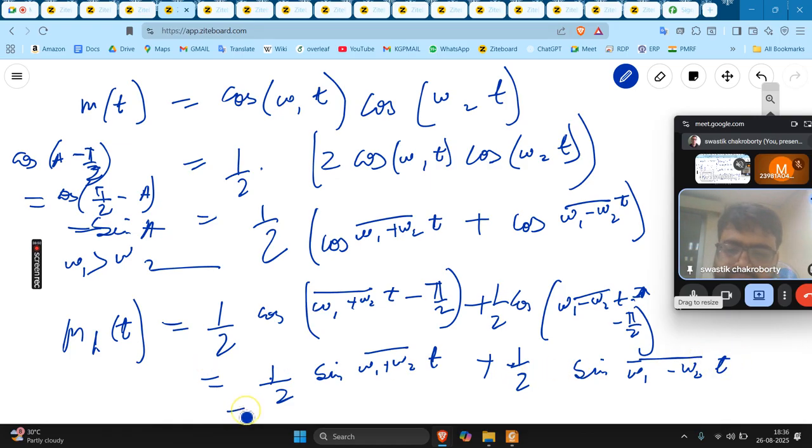Now sine a plus sine b: this is half into 2 sine a cos b. So sine a plus b plus sine a minus b is 2 sine a cos b.